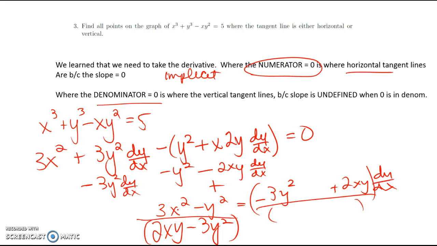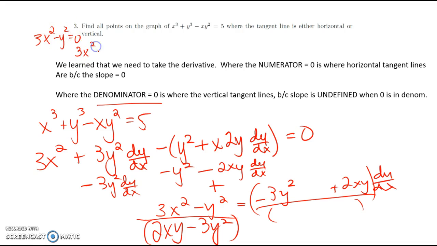So, all right, what I'm going to do is I'm going to come up here, because we know that we have to set the numerator equal to 0 to find the horizontal tangent line. So the numerator looks like this. 3x squared minus y squared equals 0. 3x squared equals y squared.